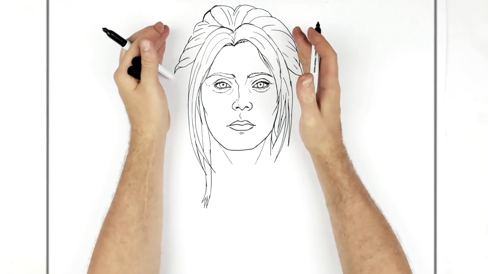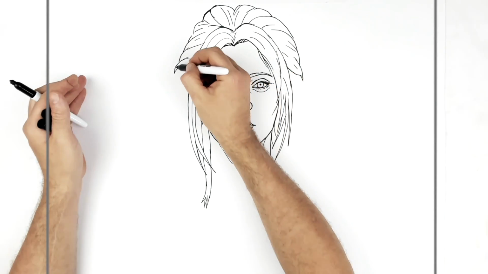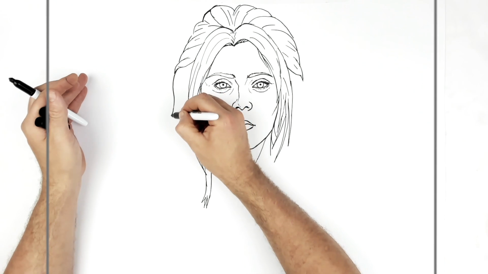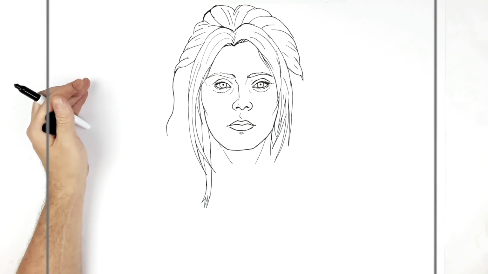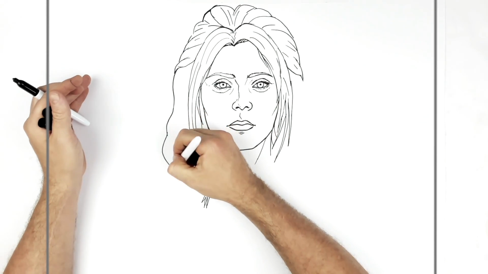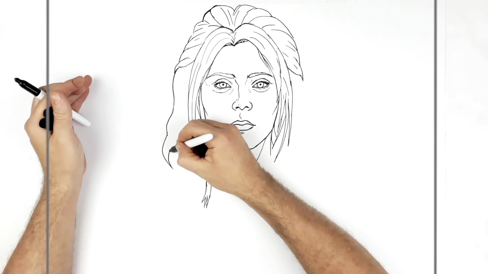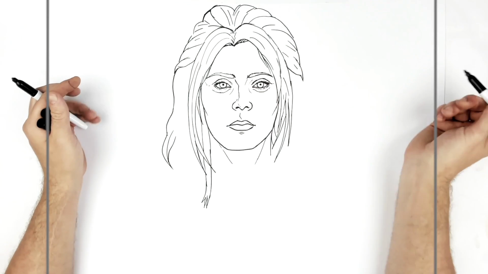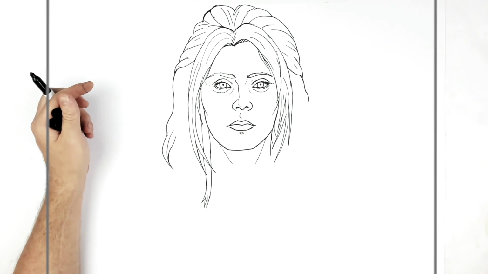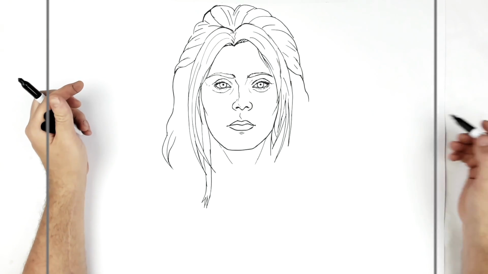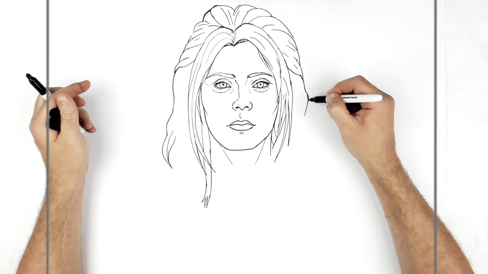Okay, and then it all comes down this way. So it flows down here first, behind her shoulder, it looks like. Again, a crazy amount of braids and stuff.